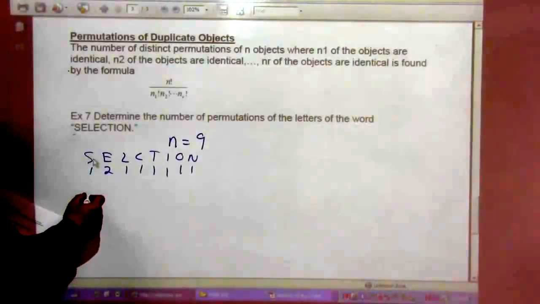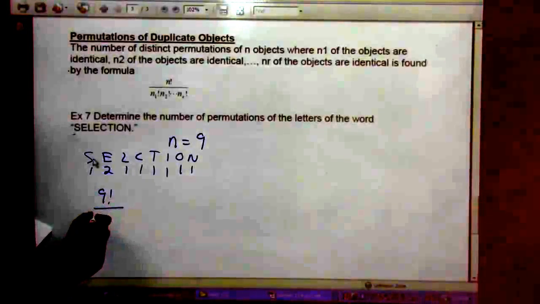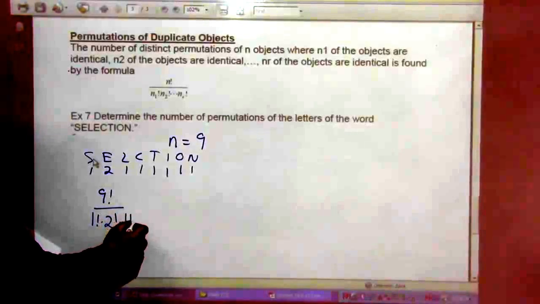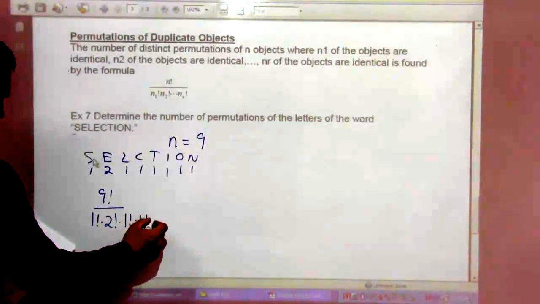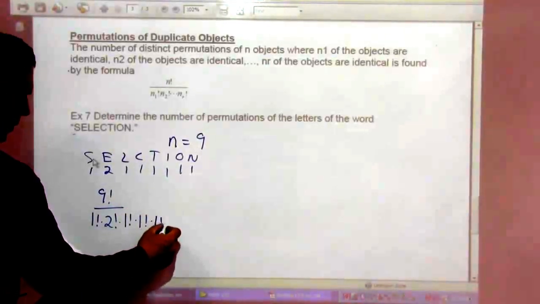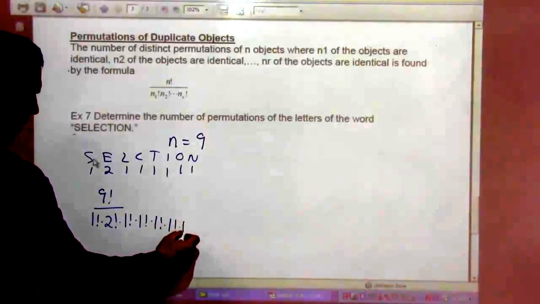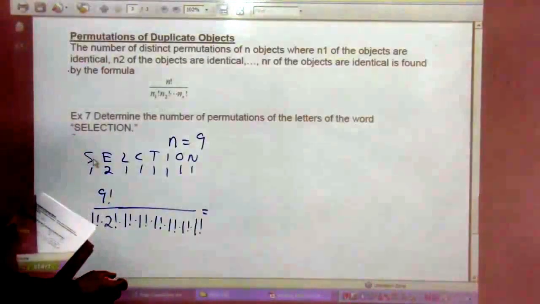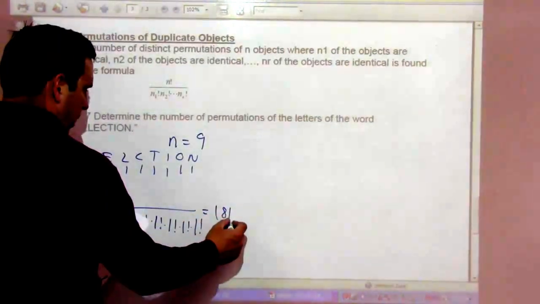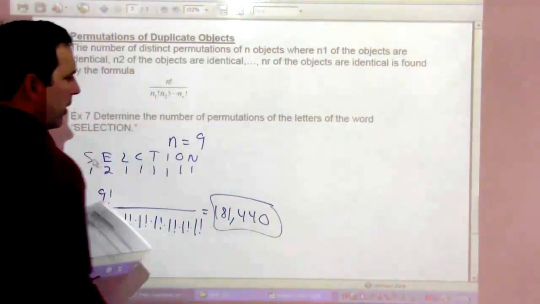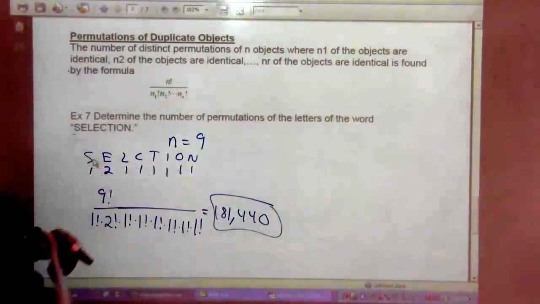So we'll have 9 factorial over 1 factorial times 2 factorial times 1 factorial times 1 factorial times 1 factorial times 1 factorial times 1 factorial times 1 factorial. And that will give us 181,440 different arrangements of the letters in the word selection.